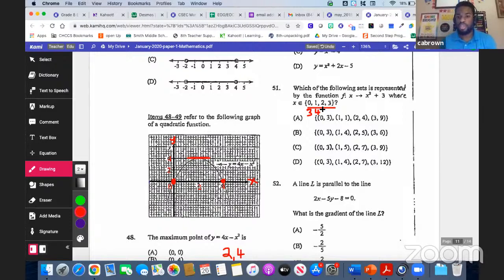And 4 plus 3, 7. 3 squared, 9. 9 plus 3, 12. So when x is 0, y is 3. When x is 1, y is 4. When x is 2, y is 7. When x is 3, y is 12. Pretty much that information is summarized in D right here.